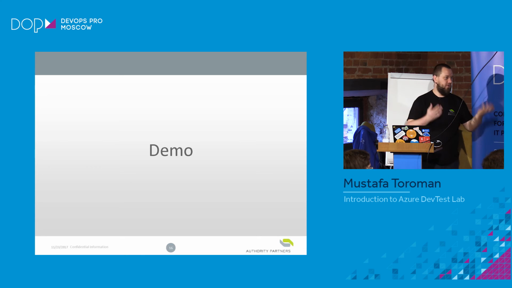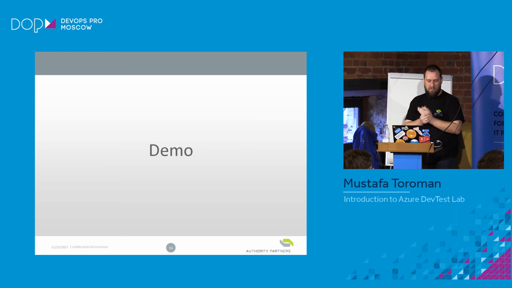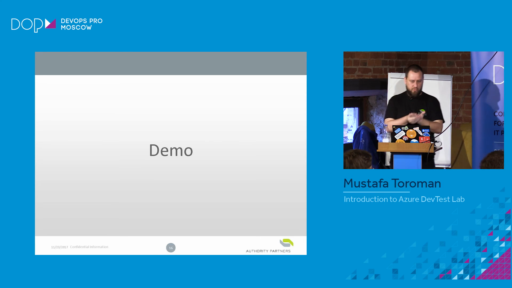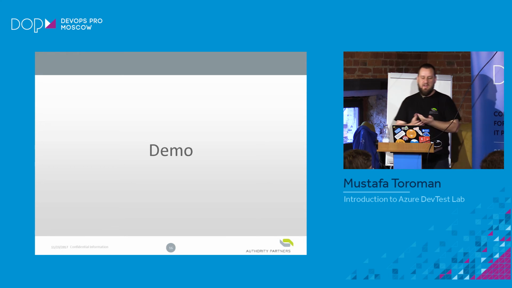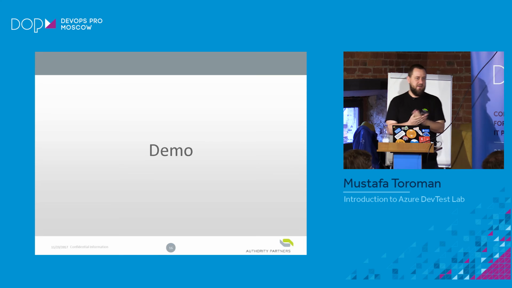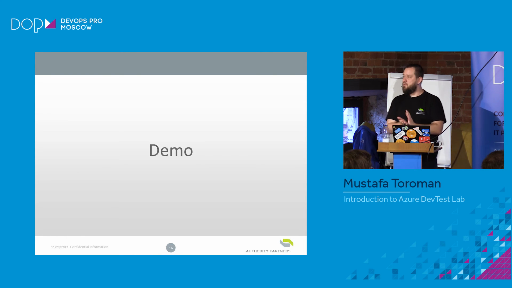So I can create as many images as I want and pre-create them for users, and they have an option to create such a virtual machine. If I go to virtual machines, I'll have none at this moment because none is created. I only created formulas for my users that they can choose.